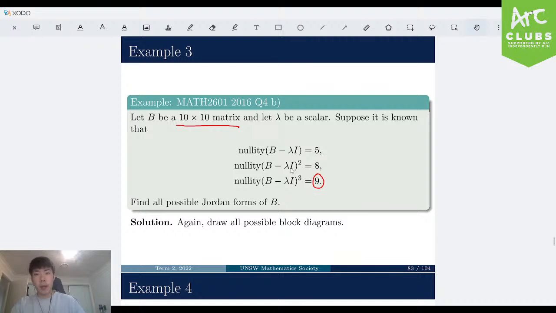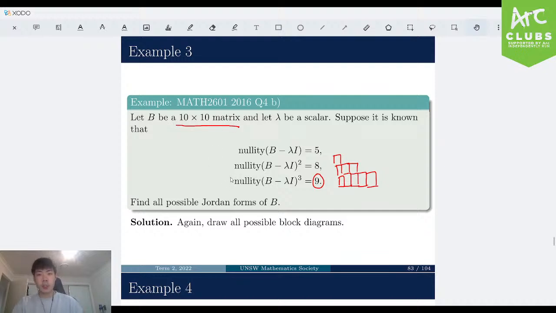Let's draw this out so far. You would have 5 blocks on the base, 3 blocks on the next level, 1 block on the level above that, because 8 is 3 more than 5, and 9 is 1 more than 8. We only have 9 blocks here, but we're meant to be able to construct 10 blocks in total, because the max nullity here should be 10. It's a 10 by 10 matrix.